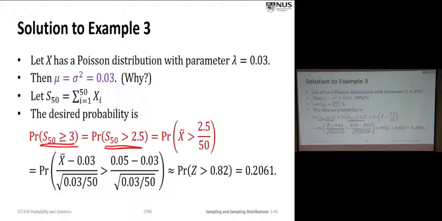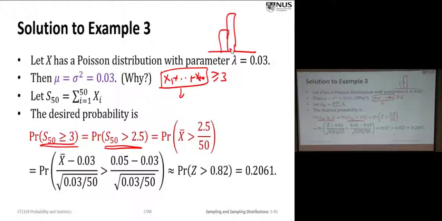Think of it: S50 is x1 plus up to x50, and these are all integers because they represent the number of occurrences in a Poisson distribution. So the sum is still an integer. No matter what distribution it follows, it must take integer values.